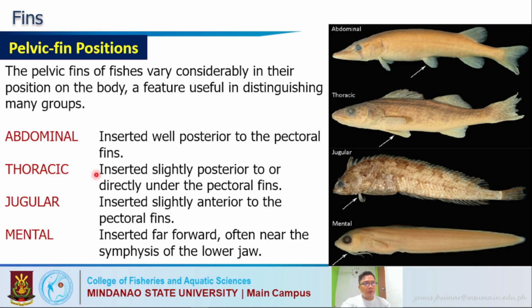We also have the thoracic, inserted directly under the pectoral fins, and the jugular, inserted slightly anterior to the pectoral fins, and the mental, inserted far forward, often near the symphysis of the lower jaw. So here are the different positionings of the pelvic fins in different fishes.